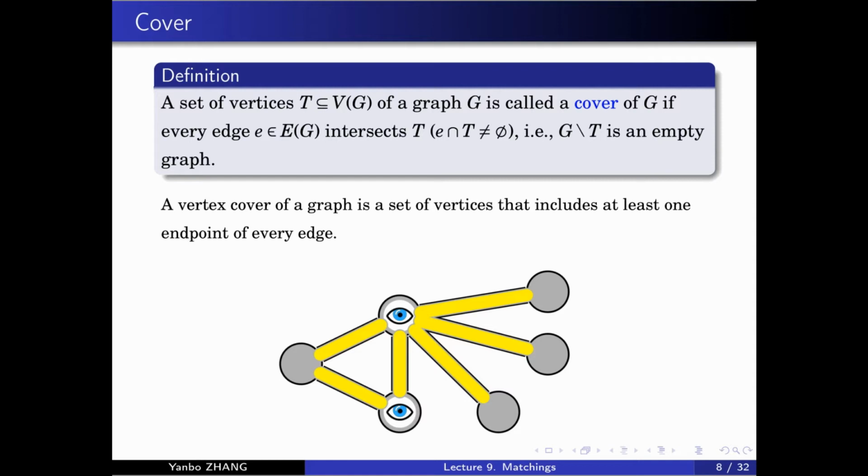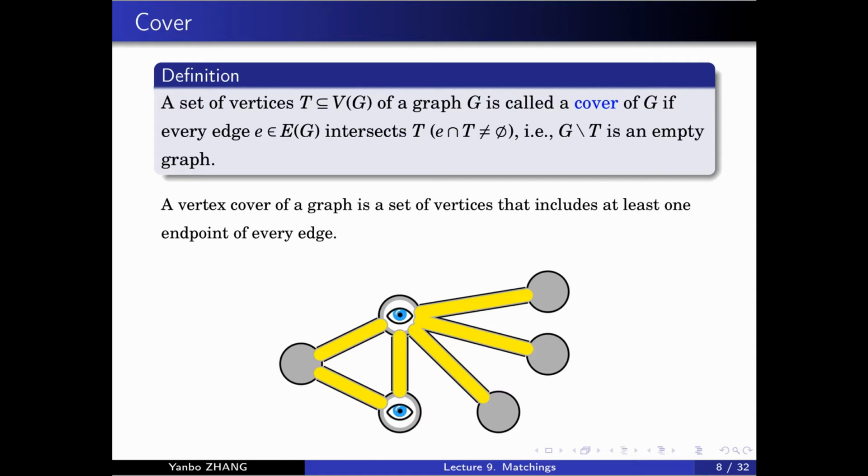In other words, a vertex cover of a graph is a set of vertices that include at least one endpoint of every edge. In the graph below, the two vertices in the middle, the two eyes, form a cover, because every edge has at least one endpoint as one of the eyes.